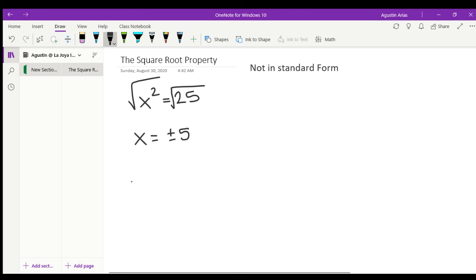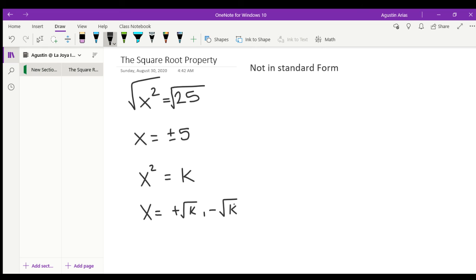The square root property says if x squared is equal to some number k, then the answers for x are the positive square root of k and the negative square root of k. So in this example, it was plus square root of 25, which is positive 5, and the negative square root of 25, which is negative 5.